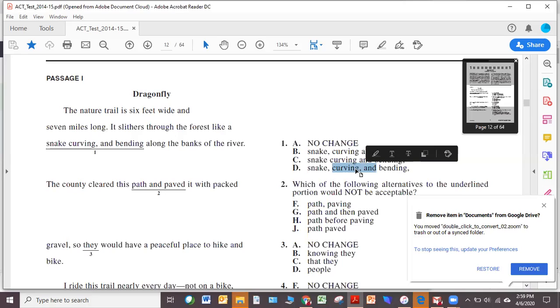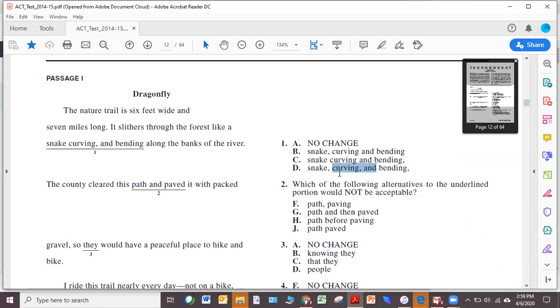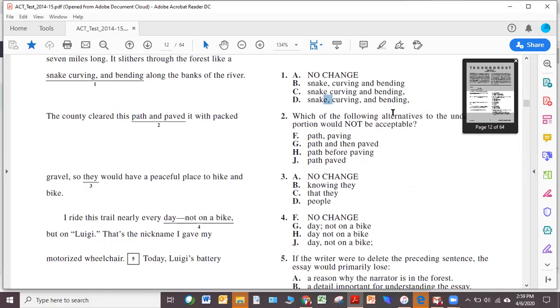So there's a comma after curving on option A and option D. Now, what are our other differences? We have a comma after snake only on option B and option D. And we've got a comma after bending on options C and D.